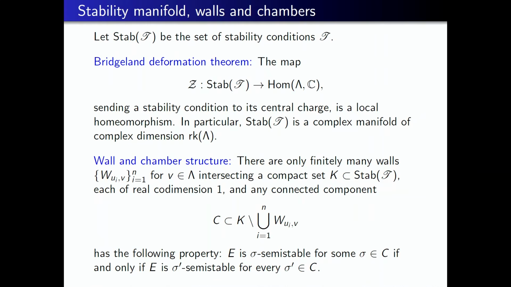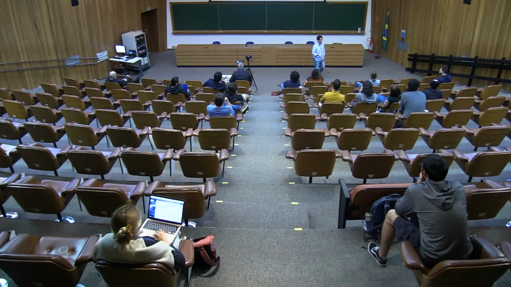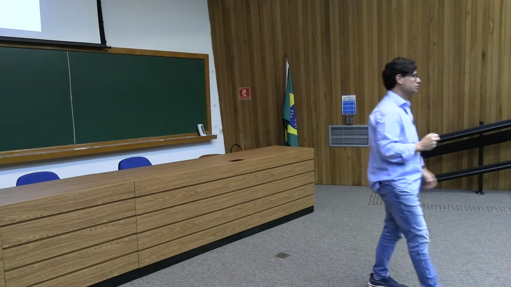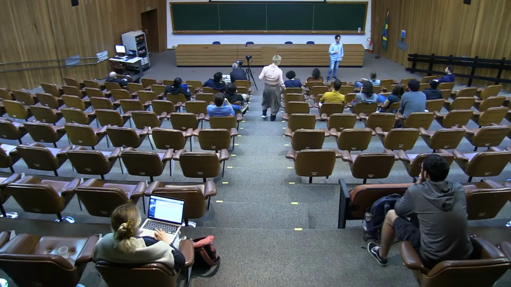So this is the role of this vector v. Yes, the map to the lattice is surjective. So any v is like the class of some object in the Grothendieck group. But it's not covering, because otherwise it would be an isomorphism.